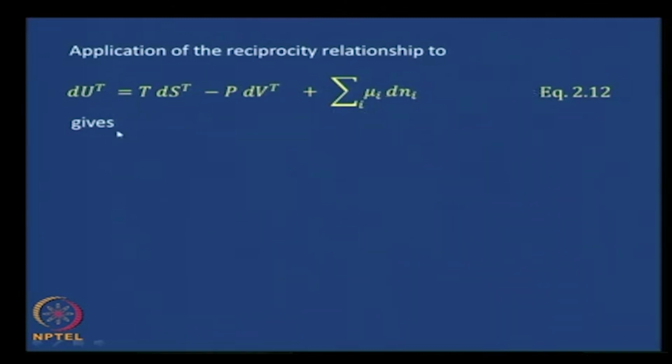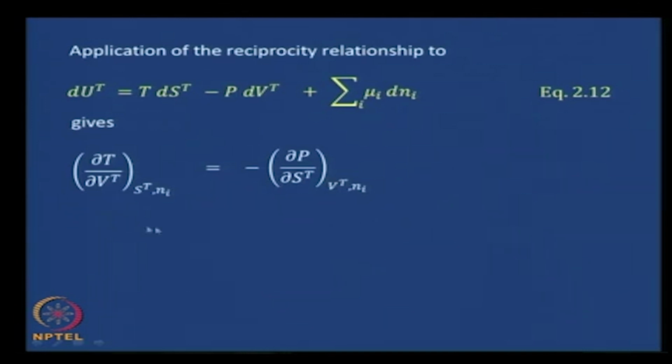If we apply the reciprocity relationship here, it will give us dou T by dou Vt at constant St and all ni's remaining constant, equals minus dou P by dou St at constant Vt and all other ni's remaining constant.